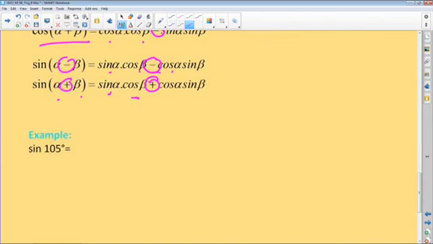So for example, if I've got sine of 105 degrees, and I need to simplify that and work out the answer to sine 105 degrees, well, I can rewrite 105 as a compound angle, the sum of two other numbers. So I can rewrite 105 as 60 plus 45. Now you should recognize those as special angles.